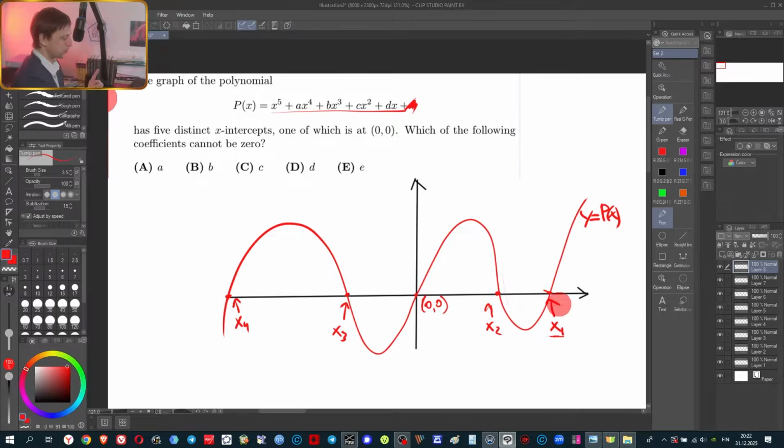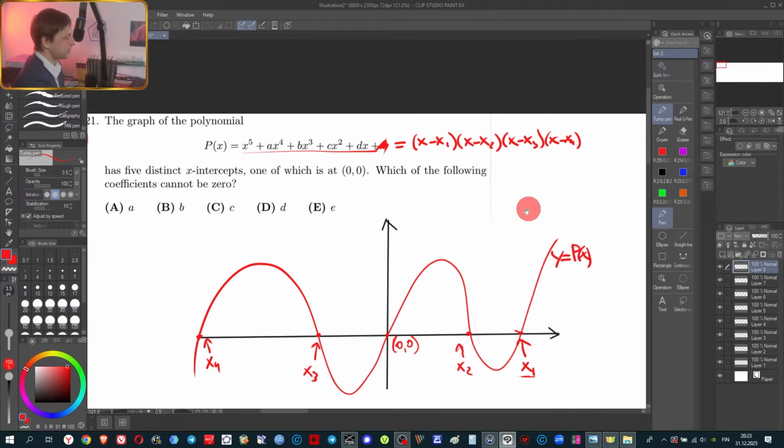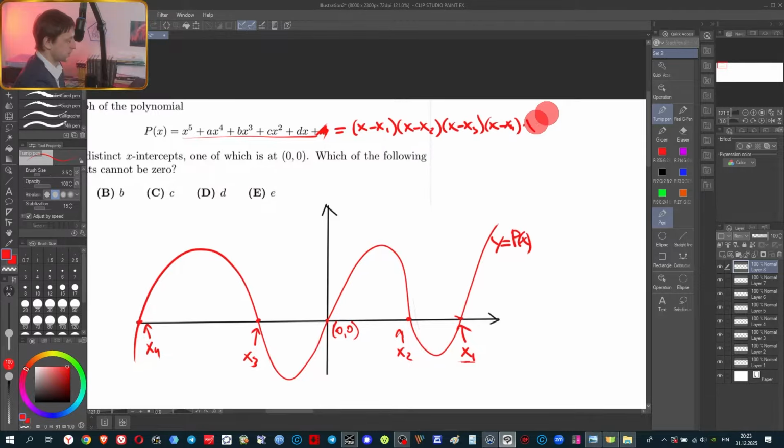Also, we know that our polynomial has these roots, and from the basics of algebra, you can understand that our polynomial can be represented like this: x minus first root times x minus second root times x minus third root times x minus fourth root and x minus fifth root, but the fifth root is 0, so it will be x minus 0, just times x, because x minus 0 is simply x.